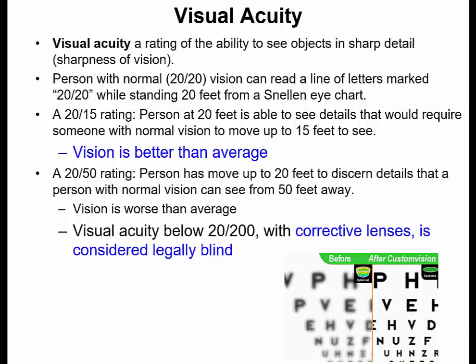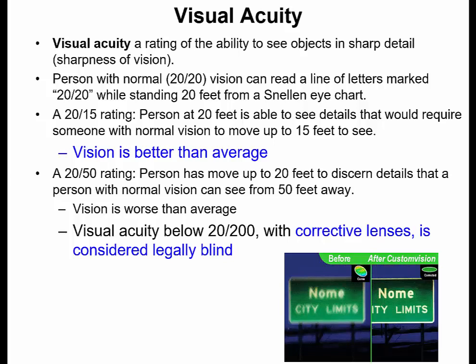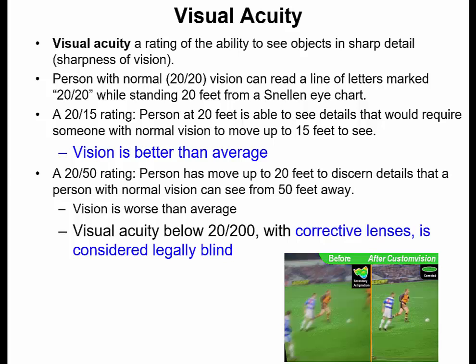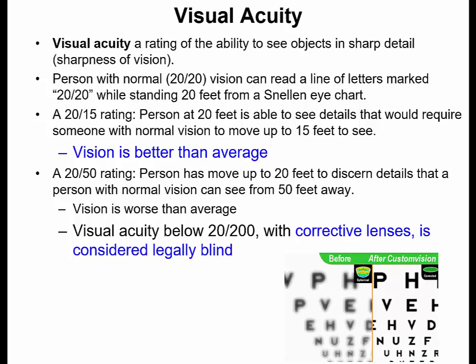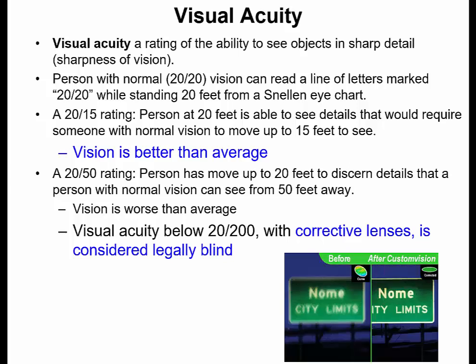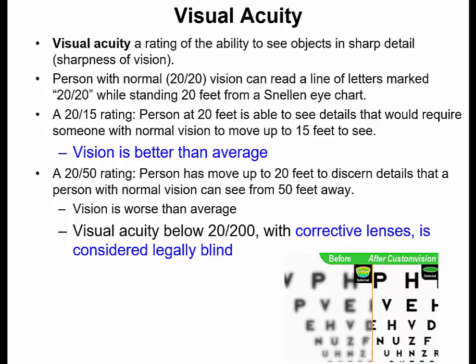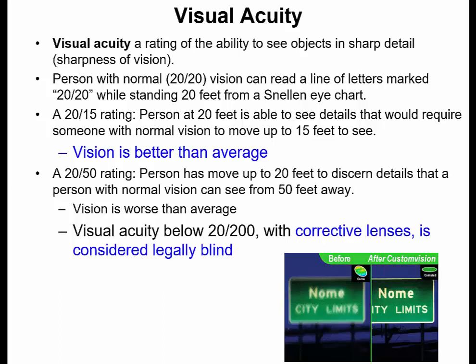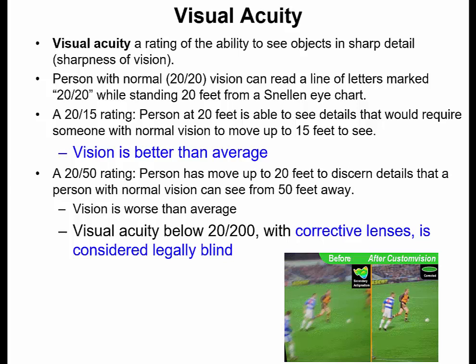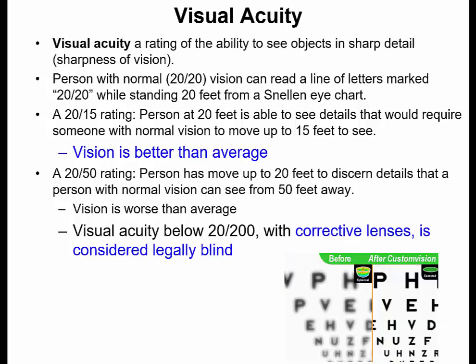Well, if you have worse than average vision, let's say you're 20/50, that means that you have to move up to 20 feet to read the letters that somebody with normal vision can read at 50 feet. So again, the first number always represents the person you're talking about who's reading the letters. If they're 20 feet away and the normal person can read them at 50 feet, then that person is 20/50.